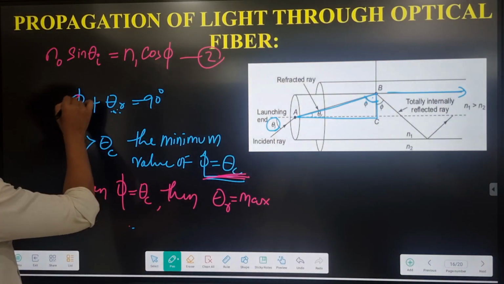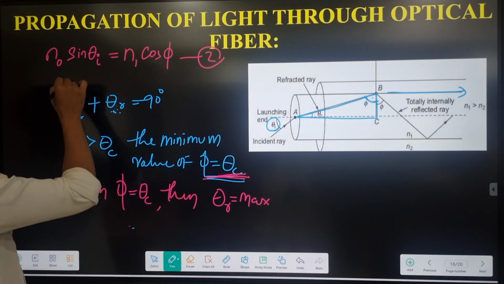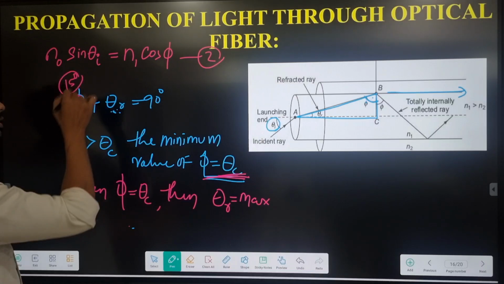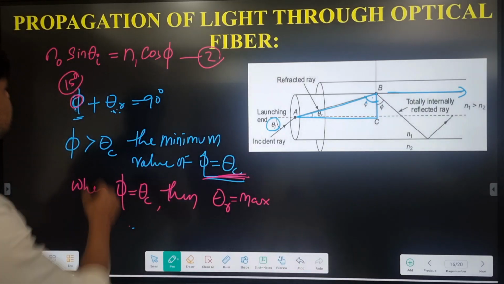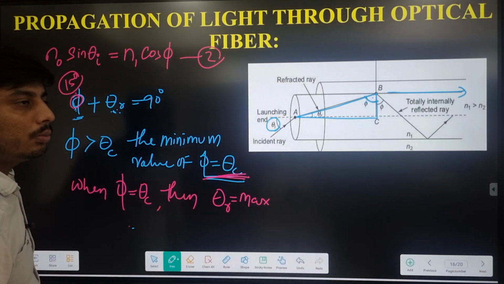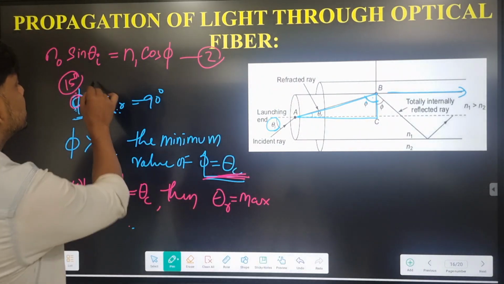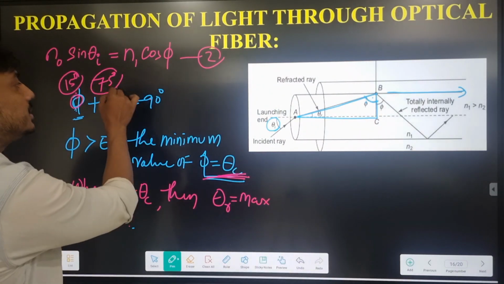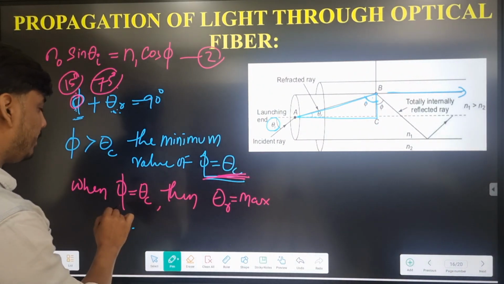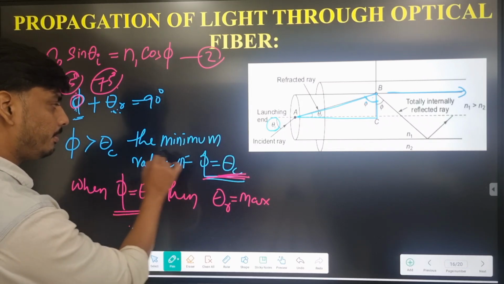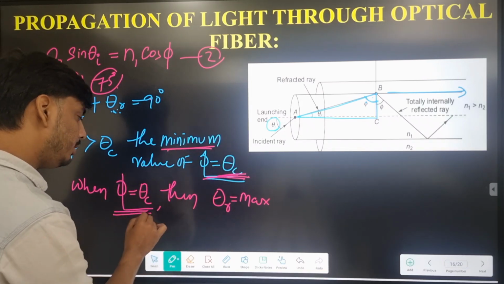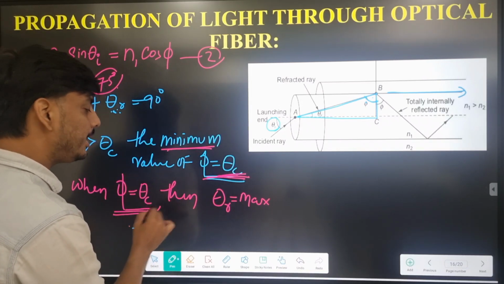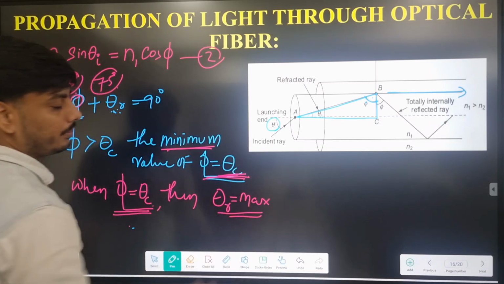Let the minimum value of phi, for an example, be 15 degree. We cannot go below 15 degree. If it is 15 degree, then in order to make the result 90, this must be 75. So this is the maximum value. So here we have written for minimum value, phi equal to theta c is the minimum value. For minimum value of phi, theta r must be maximum.